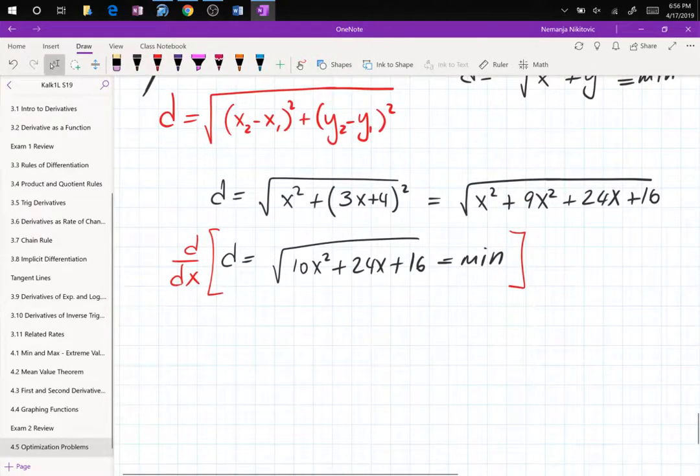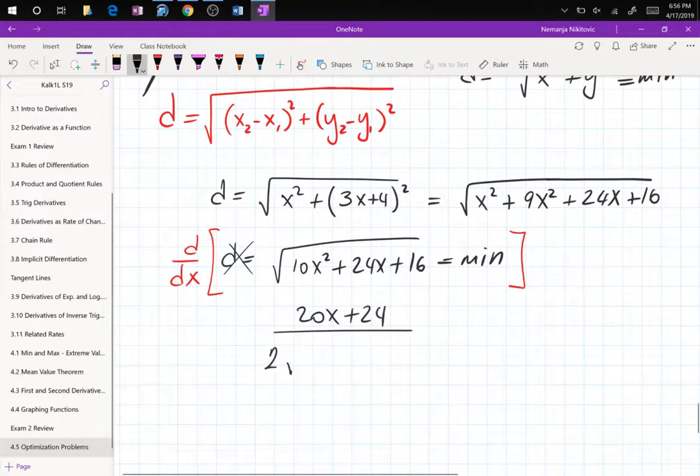So now the derivative of the square root: we don't have to worry about this d. The derivative of the square root is the derivative of what's under the root divided by 2 times the square root. So the derivative under the square root is 20x plus 24, divided by 2 times the square root as is, which is 10x squared plus 24x plus 16, equals 0.